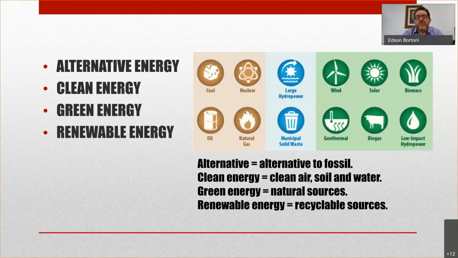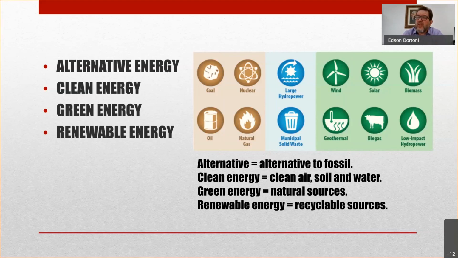Clean energy is that kind of energy that contributes to the cleanness of the air, of the soil, and of the water. So, for example, nuclear power generation is alternative energy because it's an alternative to oil.